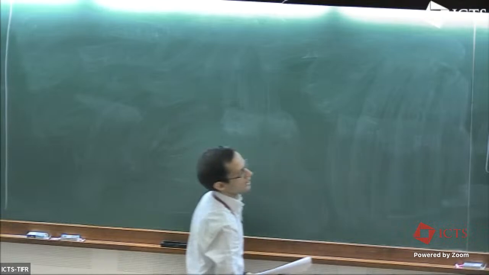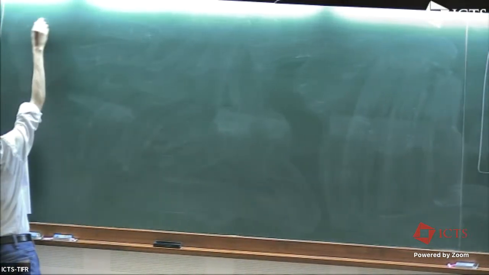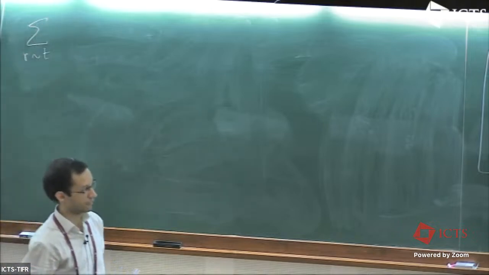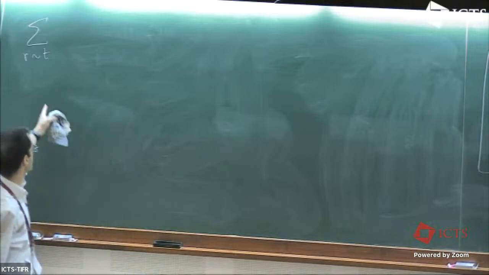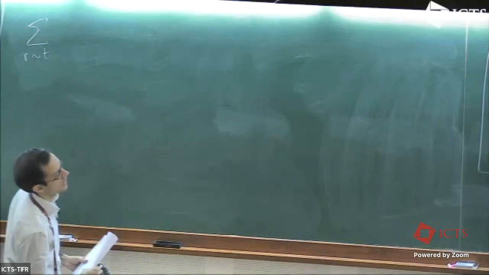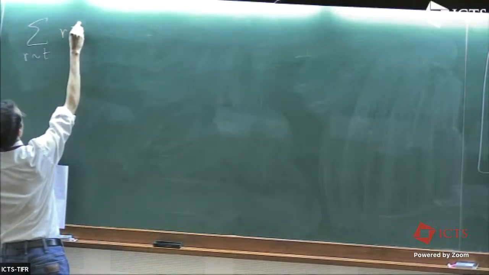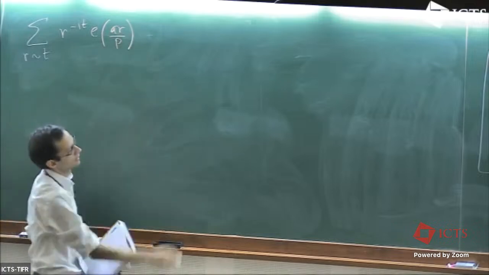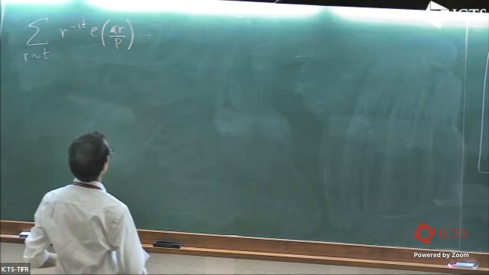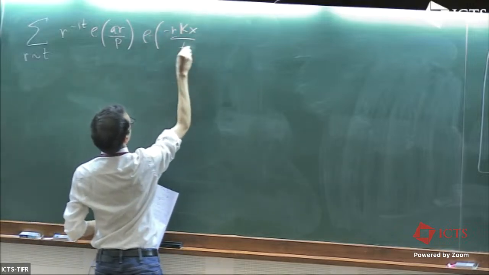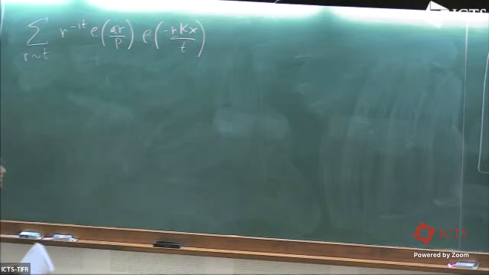All right. So I'm going to copy the R sum again over here. I'm not going to write the weight function because, again, my notation is that there is a smooth weight function capturing this index in a dyadic segment. And this is r to the negative it, e(ar/p), and you have e(-krx/t).